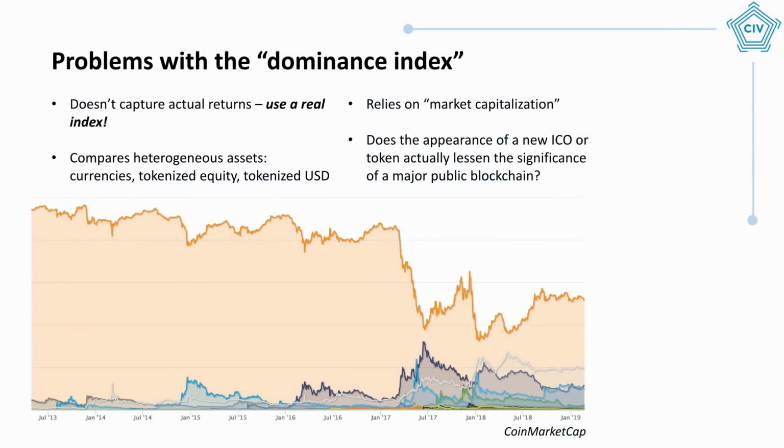The dominance index relies on market cap, and you have a case where a new ICO or a new token launch reduces the dominance of every other asset in the set. So you have this conflation of returns with the total economic weight in the industry. And I think conventional indexing methodology is a much better way to tease this apart and recapture what actual investor returns are like.